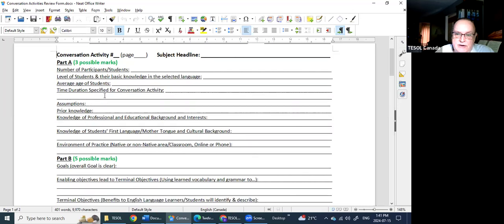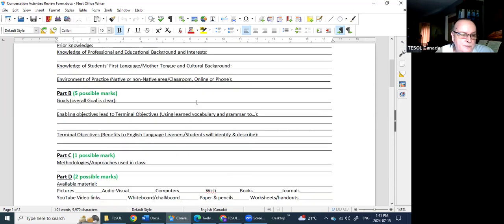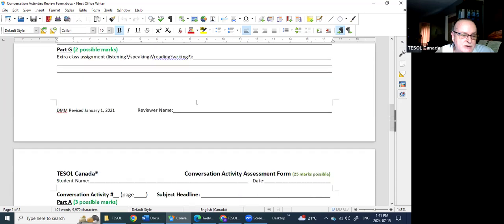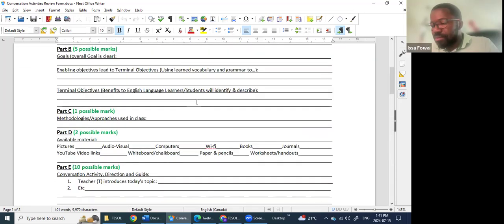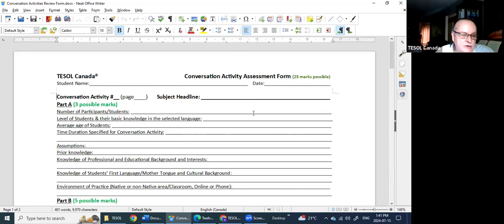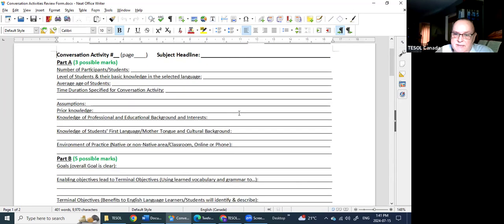So if you would like me to email you this form, and there are 2 copies of it in the document, if you would like me to email you this form for you to use as a worksheet, as a guideline, then please send me an email. Okay, yes, please.